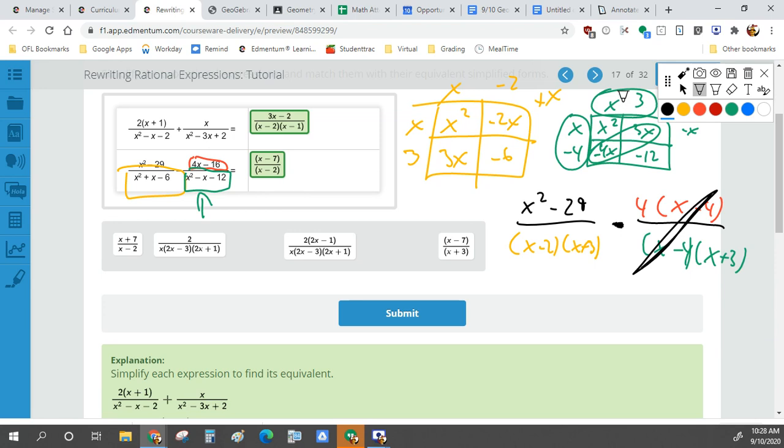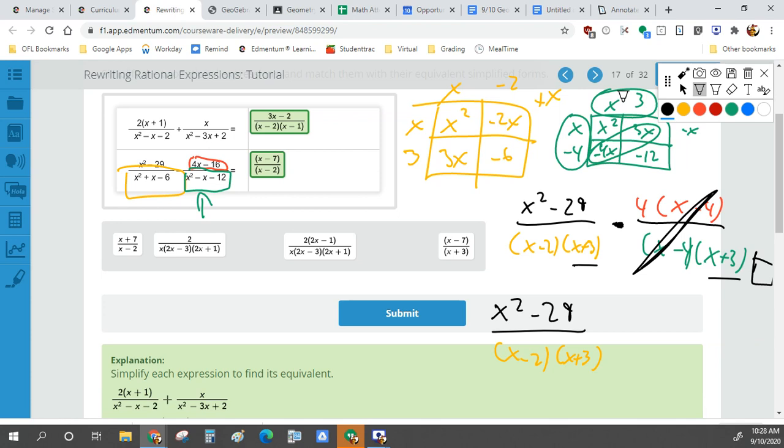So now, hey, they both have an x plus 3. And I'm going to need this x minus 2 on the bottom right here. It's kind of missing. So in order to make this easier on me, I'm going to do x squared minus 29 over, I'm going to leave this the same because this has our lowest common multiple.